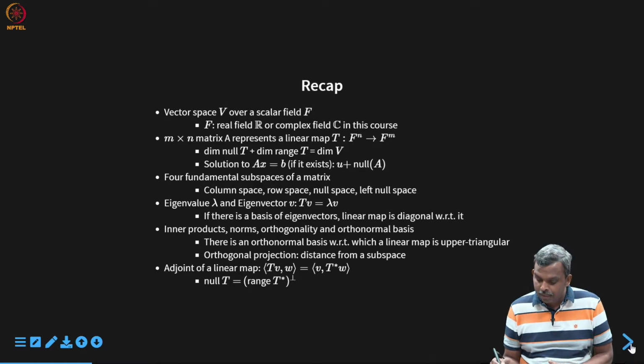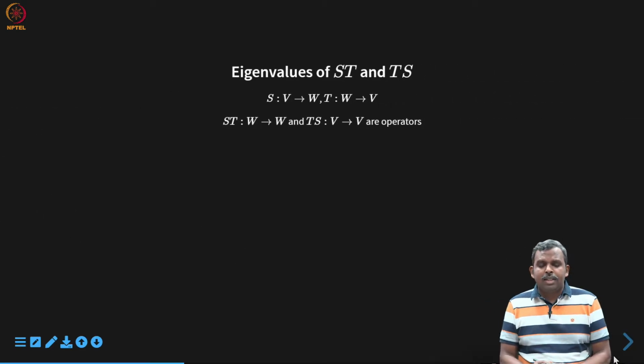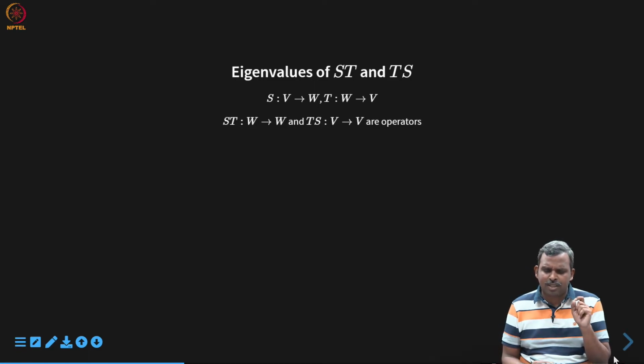So let's move on. We'll start in this lecture. One of the ideas is trying to relate the eigenvalues of ST and TS in the case where both ST and TS are operators. It's a special situation.